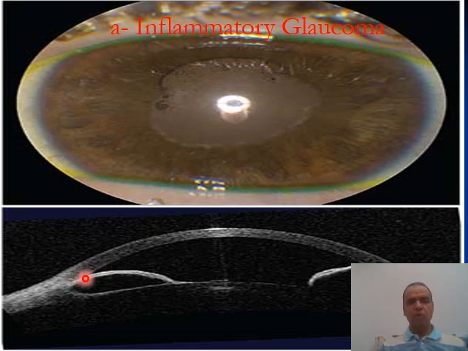We should not forget that using topical steroid for months or years is also another cause for rising of intraocular pressure in cases of inflammatory glaucoma.